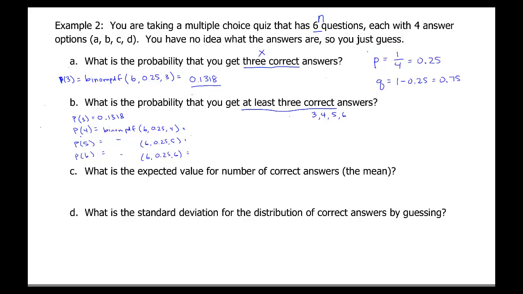And if you did this in the calculator, I'm just going to write down the answers to save some time. And you can try these in your calculator to check that you get the same thing. You get 0.033, 0.004, and 0.0002. And if we add all 4 of these together, the probabilities of 3, 4, 5, and 6, we get 0.169.